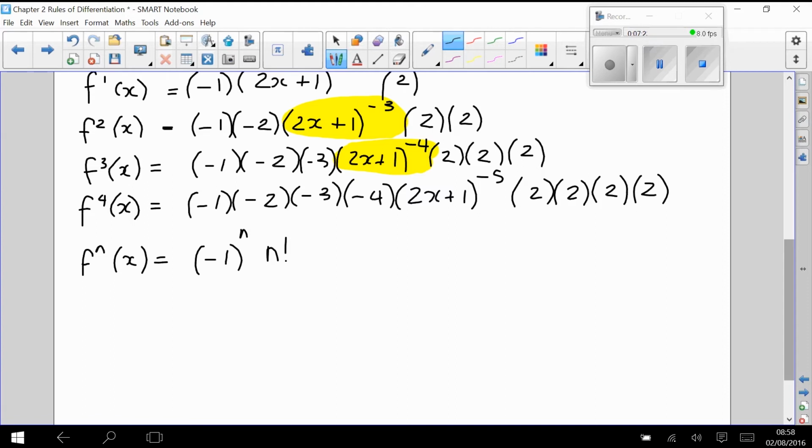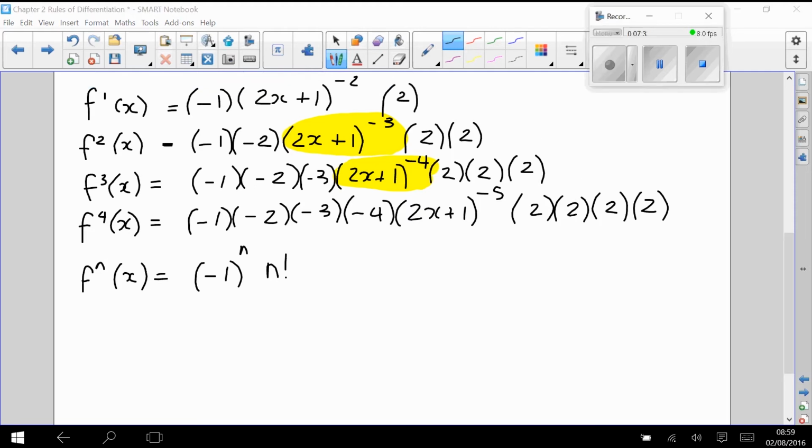Now moving on and taking a look at my bracket. In my first derivative, my bracket was to the minus 2. In my second derivative, the bracket was to the minus 3. Then in the third derivative, to the minus 4.